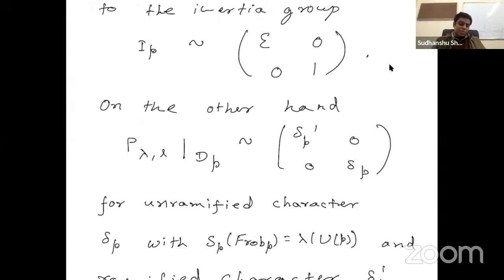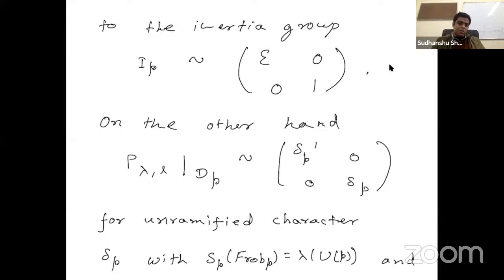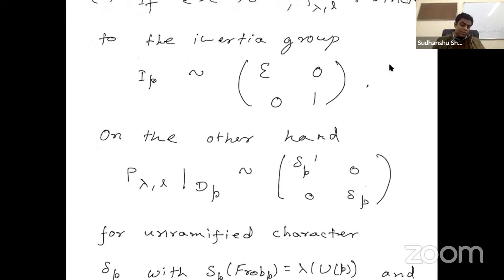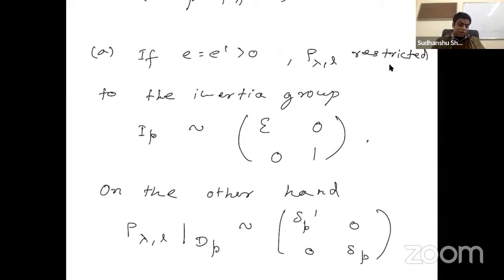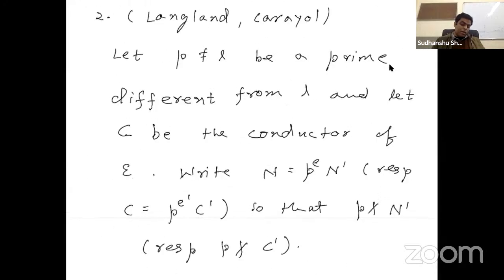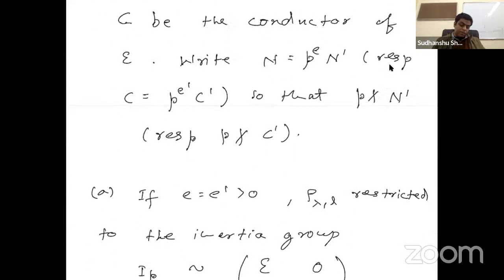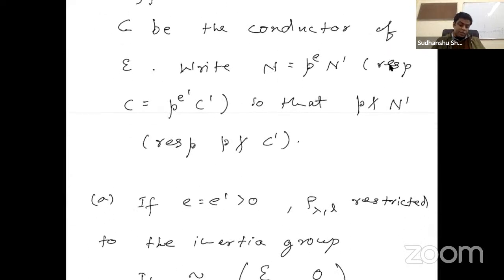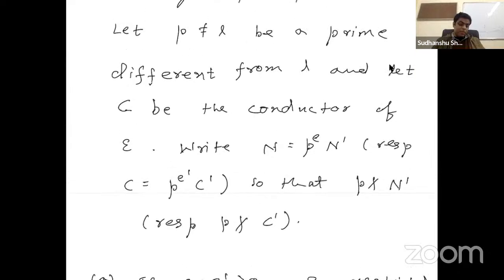Without going to that extension, if you want to describe its values on the decomposition subgroup G_p over Q, then one needs to look more carefully, and it is due to Langlands and Carayol that in two different cases, representations are of this form. So let me describe those two cases.